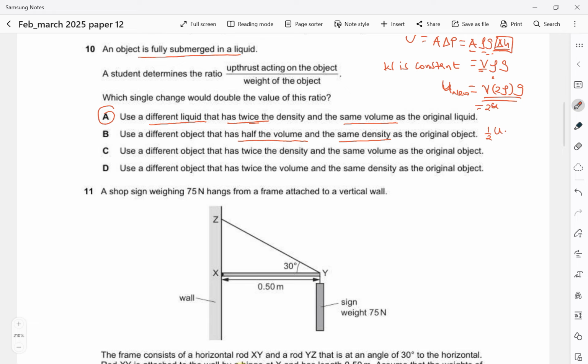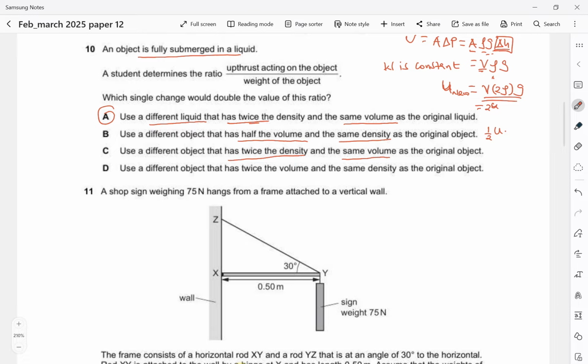Use a different object that has twice the density and the same volume as the original object. The other one was the same volume as the original liquid: use a different liquid that has twice the density and the same volume as the original liquid.